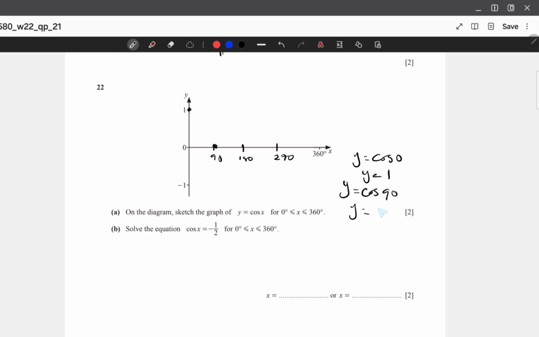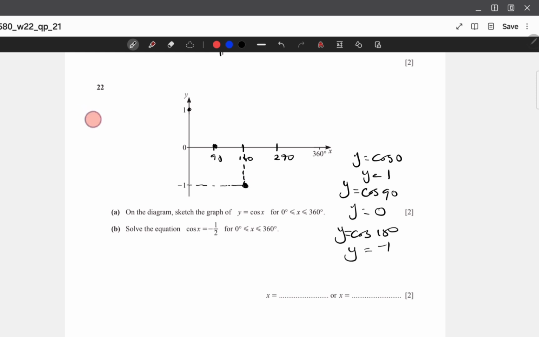Then cos 180. Let me use the calculator. Cos 180 is -1. So at 180, -1 is here.